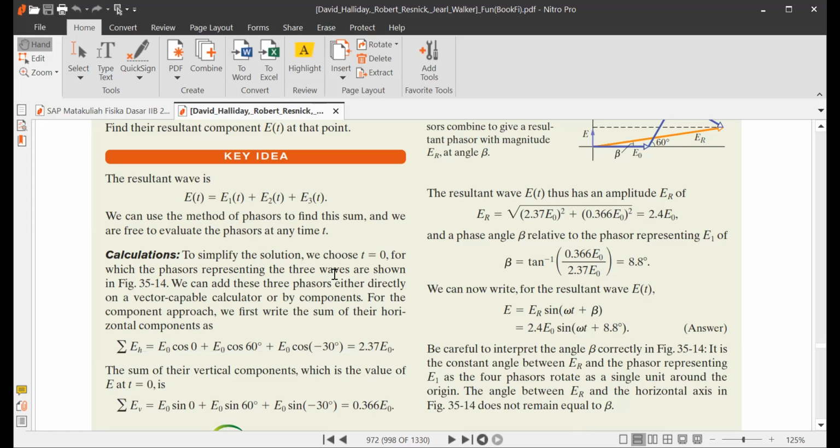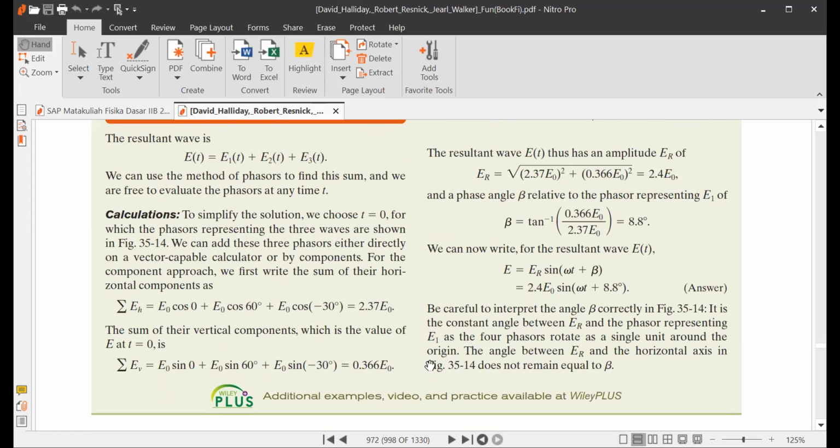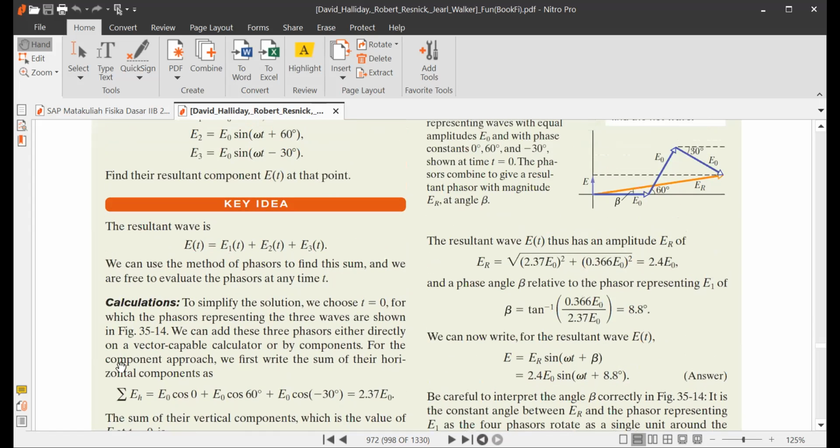If you calculate the amplitudes at t equals 0, you will get this one. This is the horizontal component, and this is the vertical component. So the resultant, using the Pythagoras theorem, you will get this one.